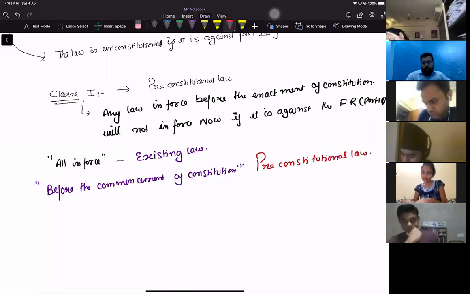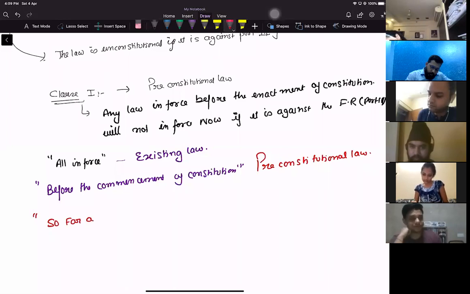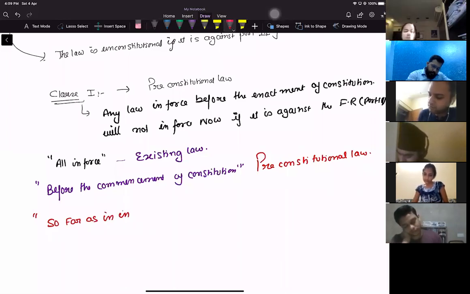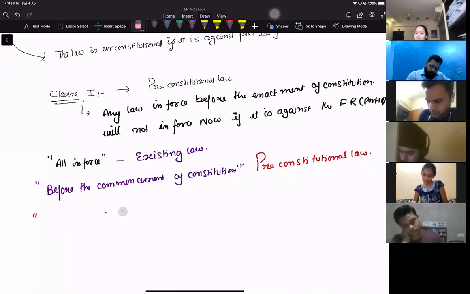Laws which were in force before the Constitution, so far as they are inconsistent with the provisions of Part 3.